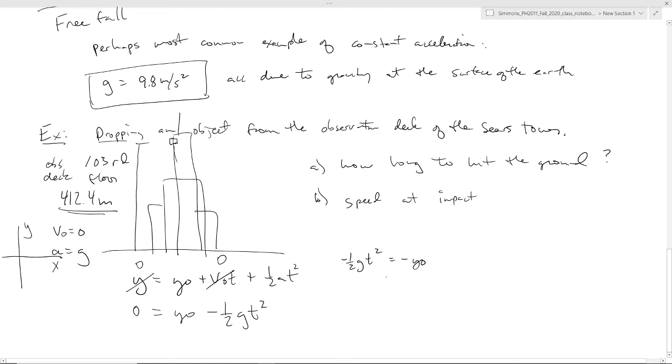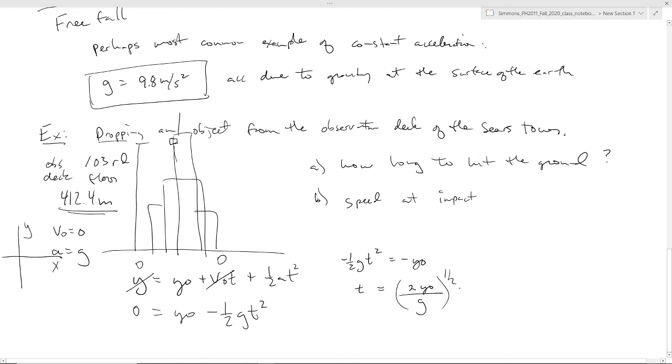Those negative signs are going to cancel. We'd have that t is 2 y naught over g, and then we could take a square root of that situation.